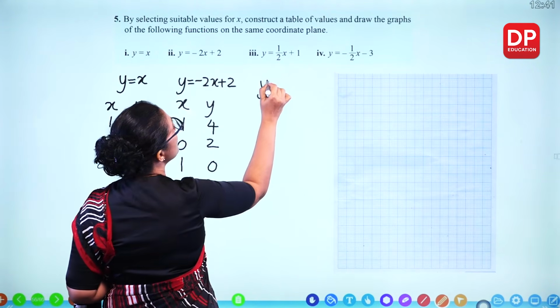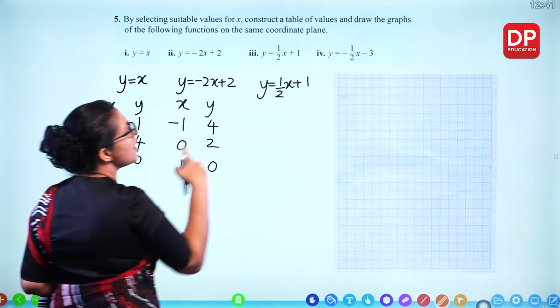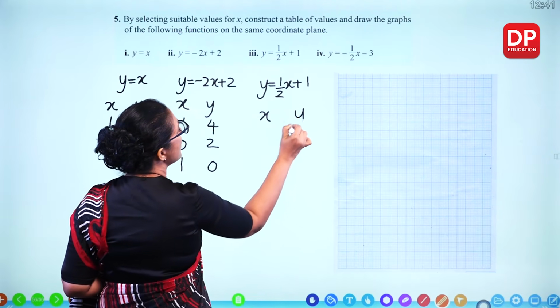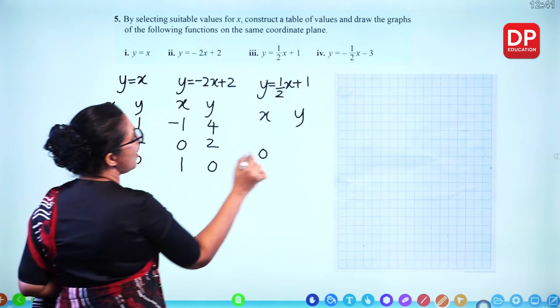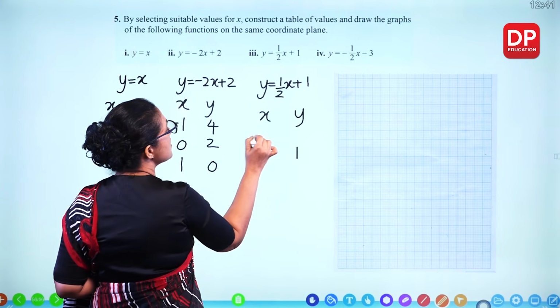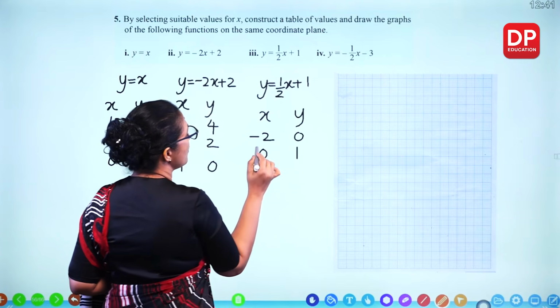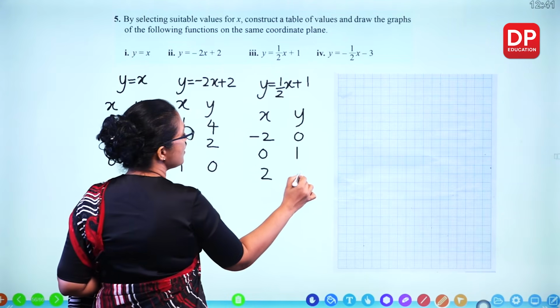This one, y equals half x plus 2. Here you need to take multiples of 2. X, y. 0, you get y equals 1. X equals negative 2. Negative 1 plus 1, 0. Positive 2, you get 1 plus 1, 2.